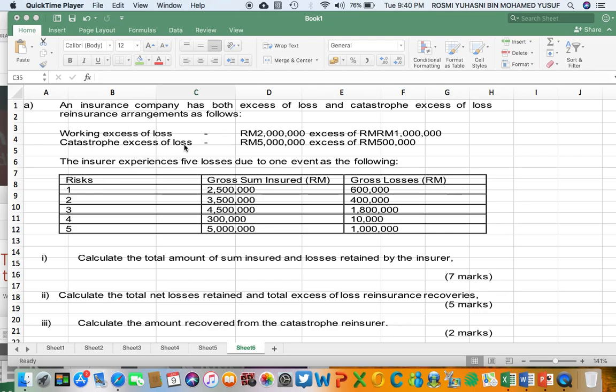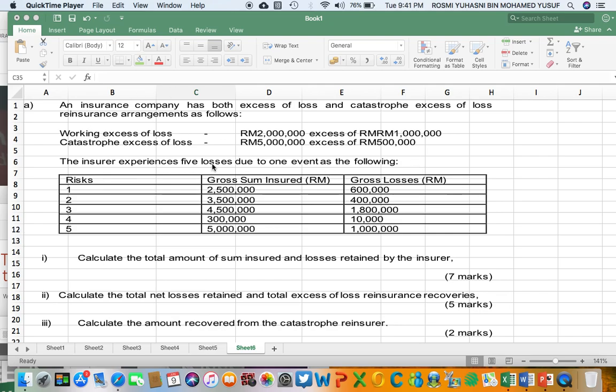In other words, this is standalone non-proportional reinsurance because it is not combined with proportional. So you cannot see there is a surplus, you cannot see there is quota share, it is just non-proportional.